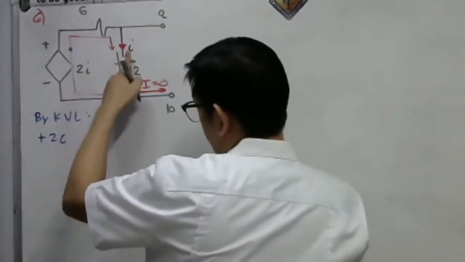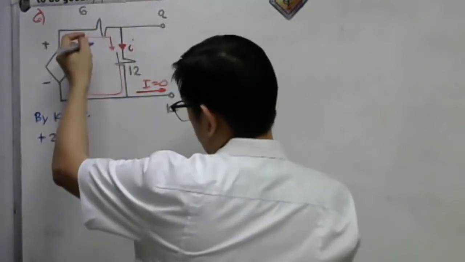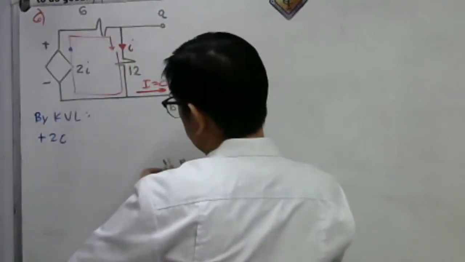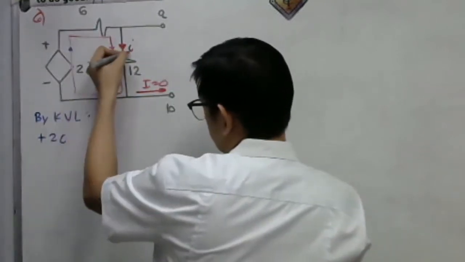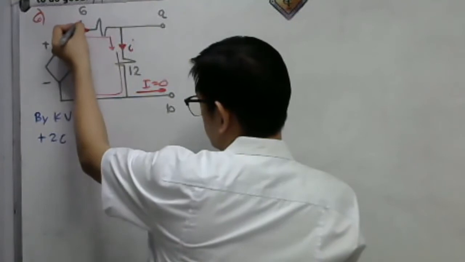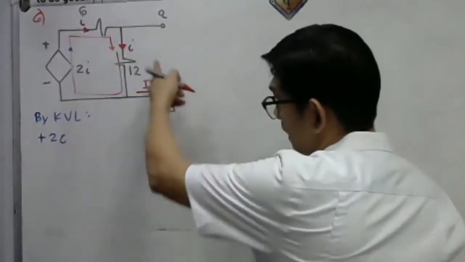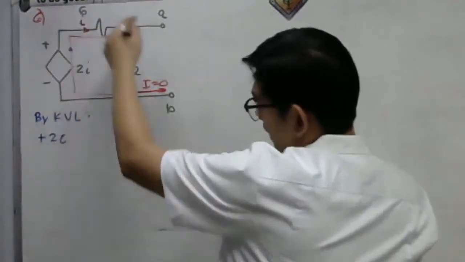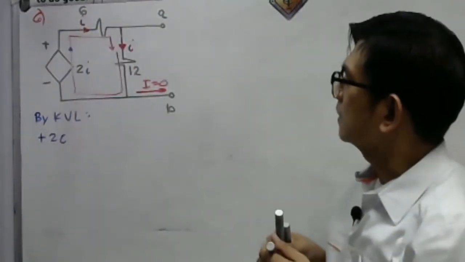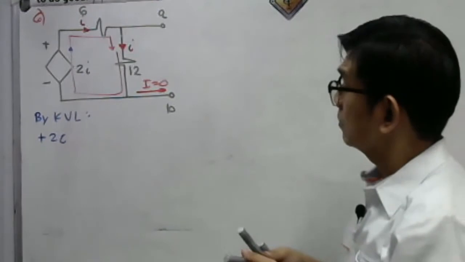What about the current here in the 6 ohm resistor? Well, actually, the current in the 6 ohm resistor is also our current I here. So that should also be current I. The current just goes around in this loop, because the current I here is simply 0.